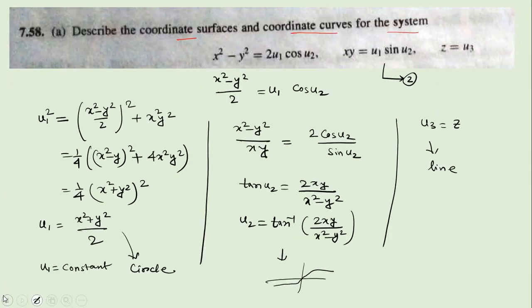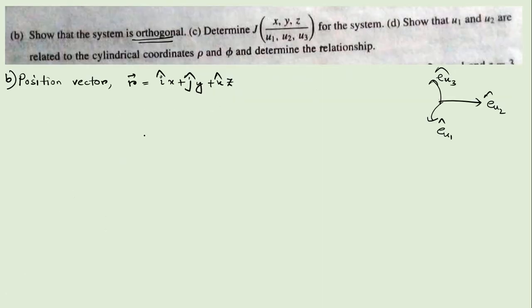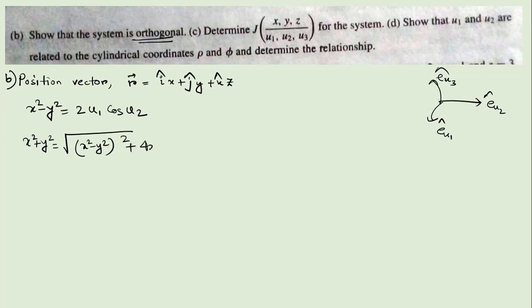What is the value of x and y? For finding the value of x and y, we need to solve these equations at first. So just write down the equations. x square minus y square is nothing but 2u1 cos u2, right? If we want to find x square plus y square, this is nothing but root under x square minus y square whole square plus 4 x square y square, right?